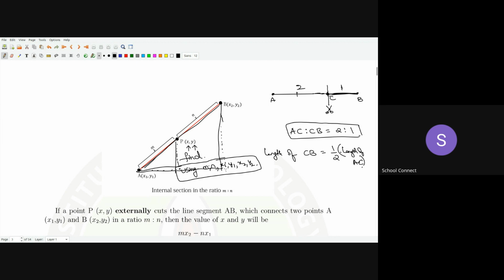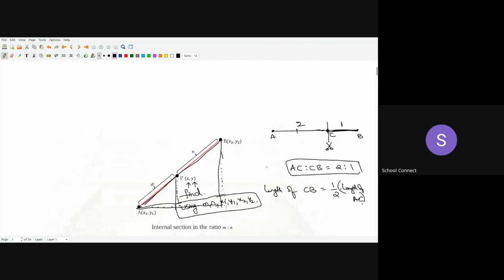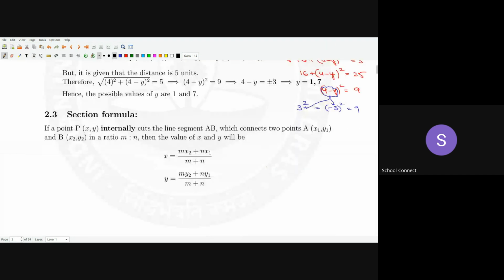So use those and we will finally end up getting this. So the x coordinate will be m times x2 plus n times x1 divided by m plus n. Y coordinate will be similarly, replace x2 and x1 by y2 and y1.